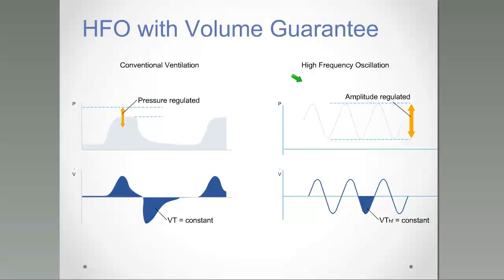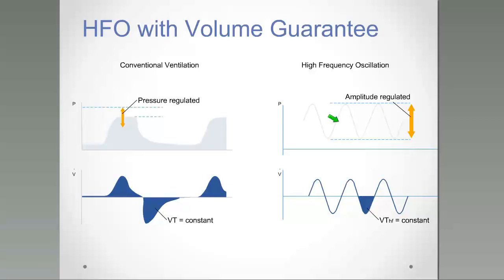What we do is we try to find the tidal volume of high frequency ventilation that targets the PCO2 that we want. And then we set it in the volume guarantee modality, and the ventilator is going to increase or decrease delta P to keep the tidal volume constant.